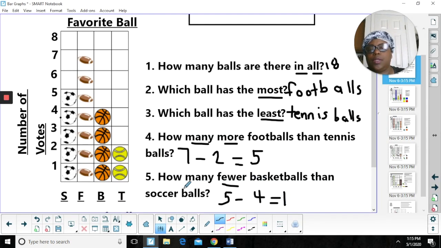And if we look at our graph, if we look at our soccer balls and compare it to our basketballs, we see that the last soccer ball stops right here. Is there a basketball here? No, it's only 1 space there. And we can see that we were correct, okay?